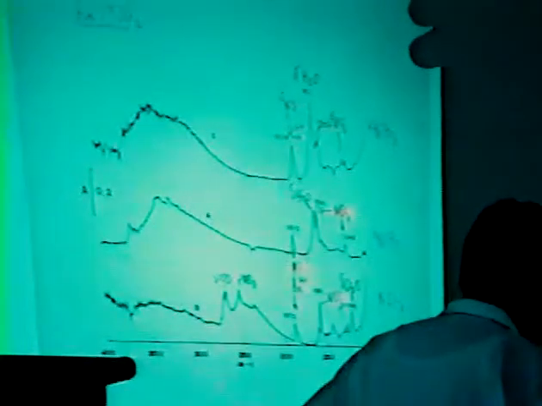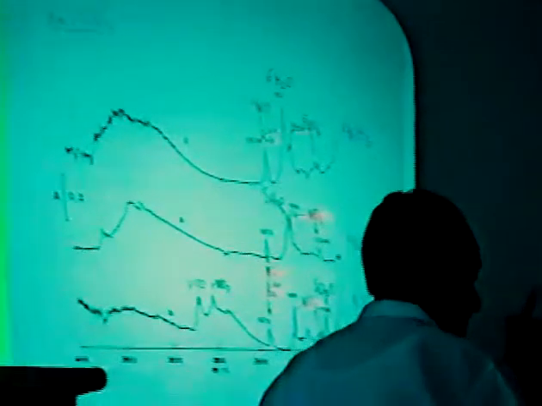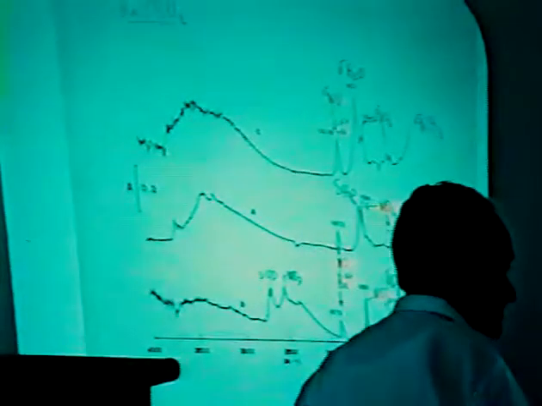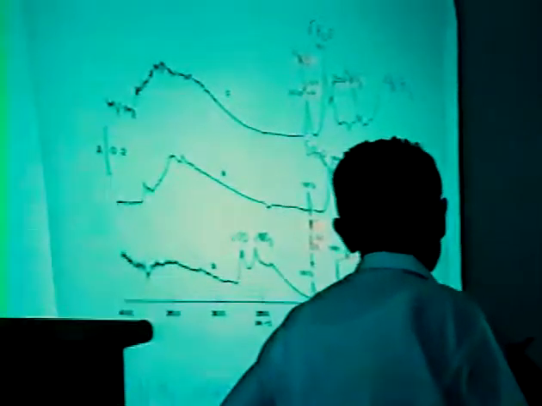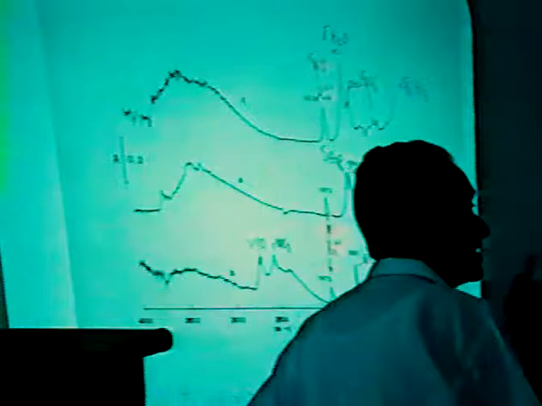This is the assignment. What is interesting, therefore? The oxidized nitric oxide is absorbed on ruthenium, and the nitrate, this nitrate, where is it absorbed?